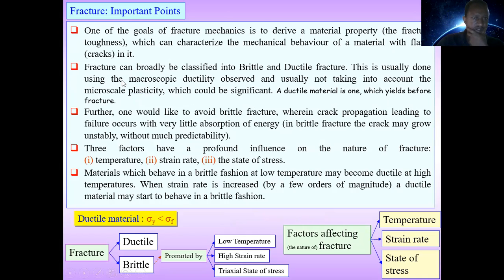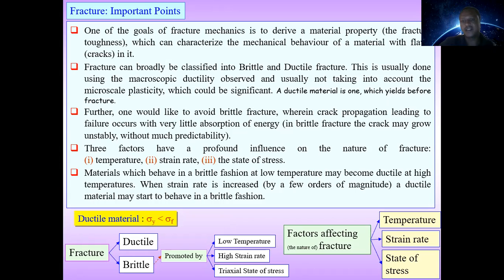Important points in fracture. One of the goals of fracture mechanics is to derive the material property, the fracture toughness, which can characterize the mechanical behavior of the material with flaws or cracks in it. Fracture can broadly be classified into brittle and ductile fracture. This is usually done using the macroscopic ductility observed, usually not taking into account the microscopic plasticity, which should be significant.